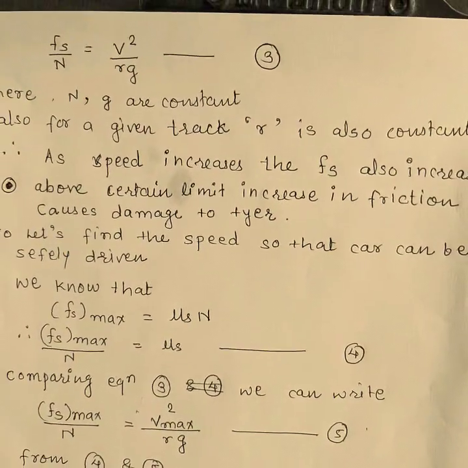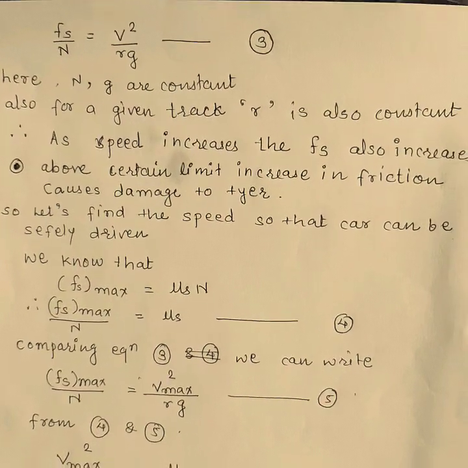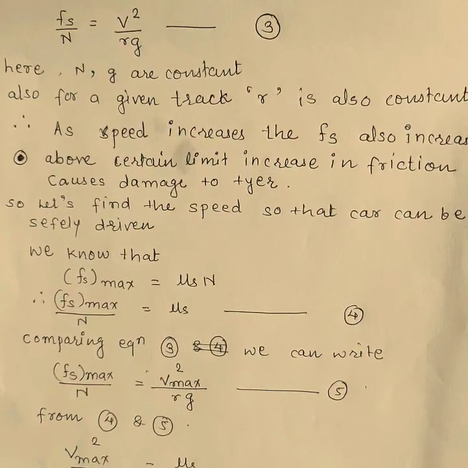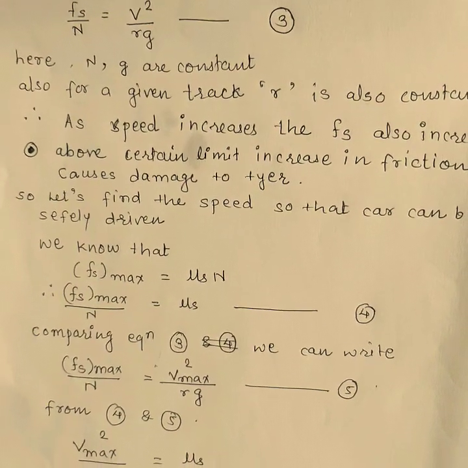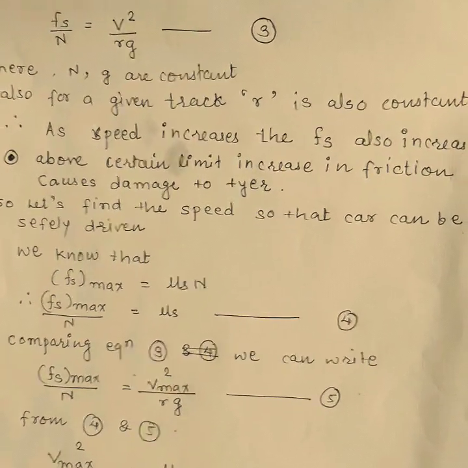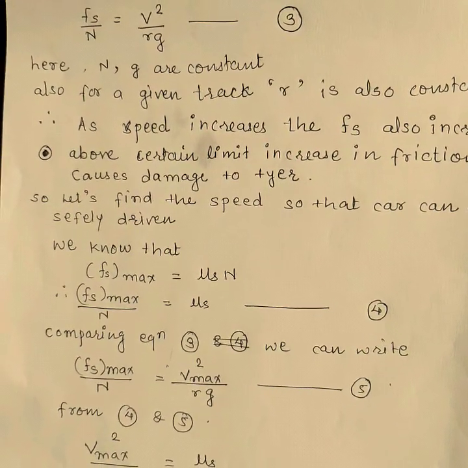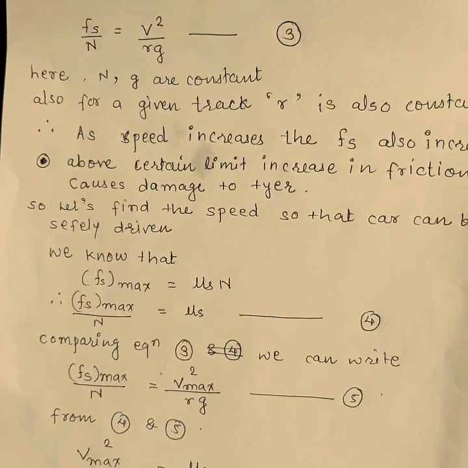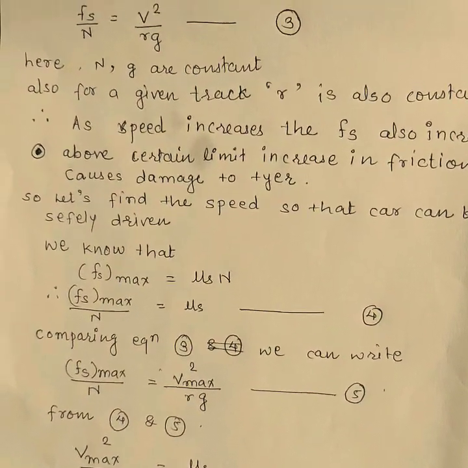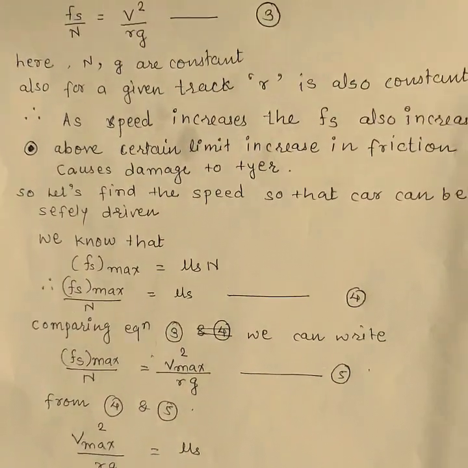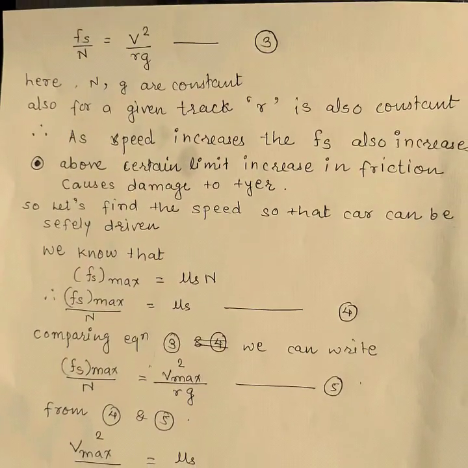So as the speed increases, friction Fs also increases. But above a certain limit, if we increase the friction, this friction will cause damage to the tire and also cause slipping. So let us find the speed so that the car can be safely driven.